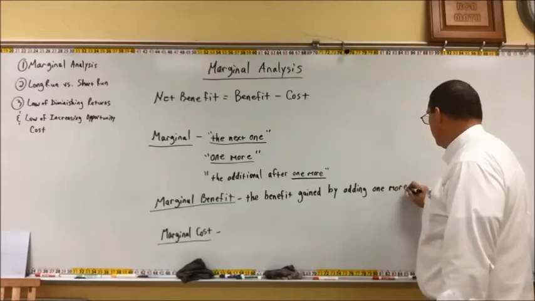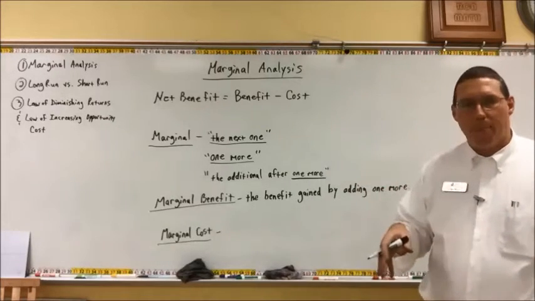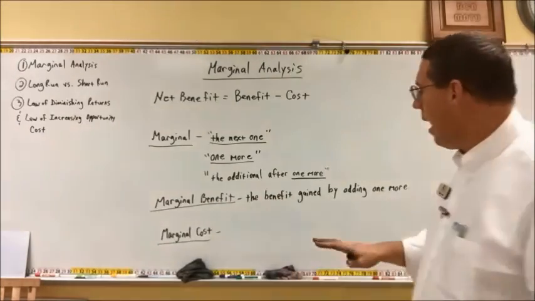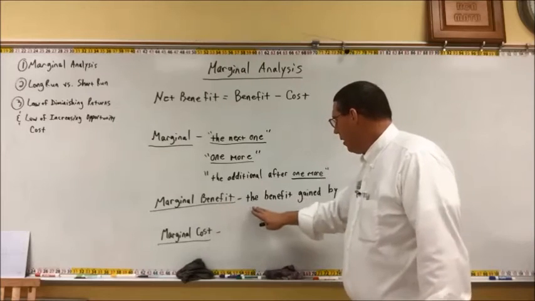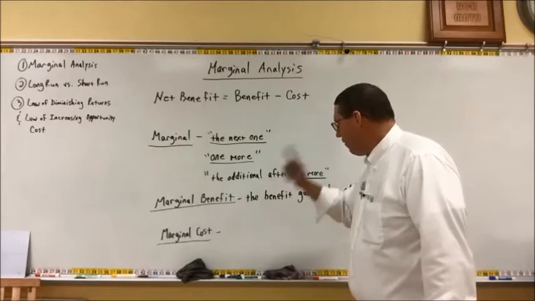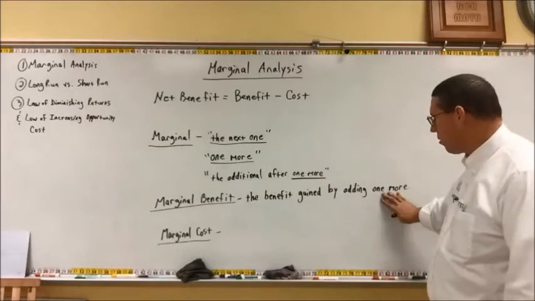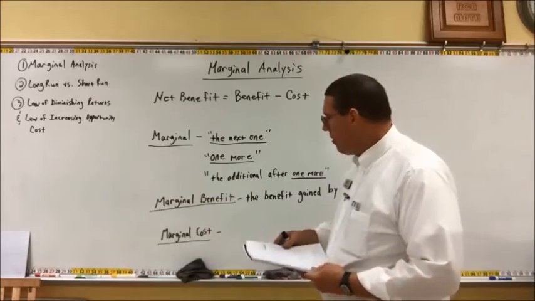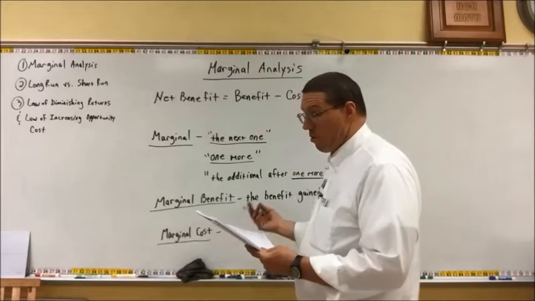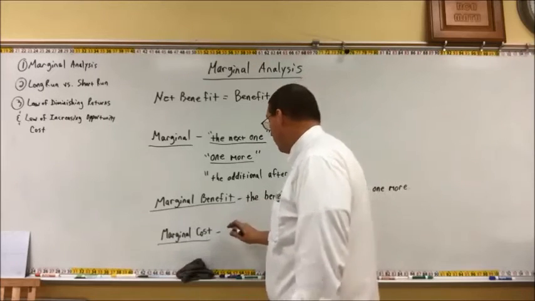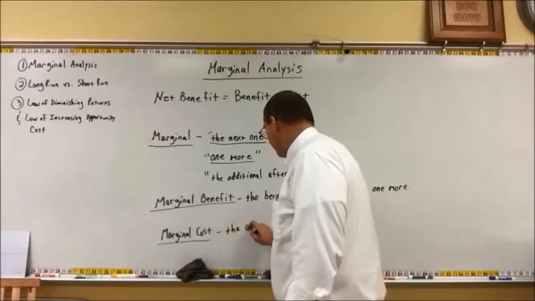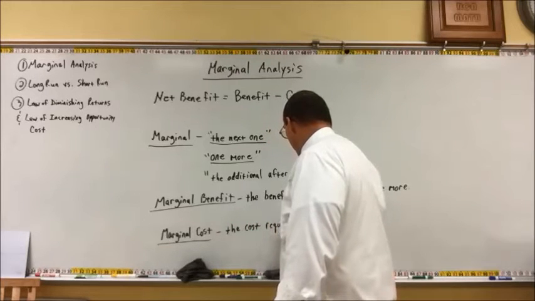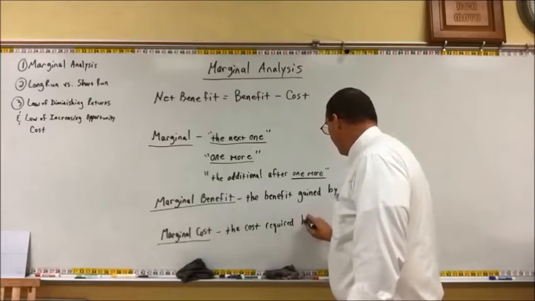So by adding one more slice of pizza to my plate, that one more that I'm adding to my plate has a benefit, and that benefit of that one more slice of pizza is called the marginal benefit of that slice of pizza. And then the marginal cost, of course, is the cost required by adding one more.